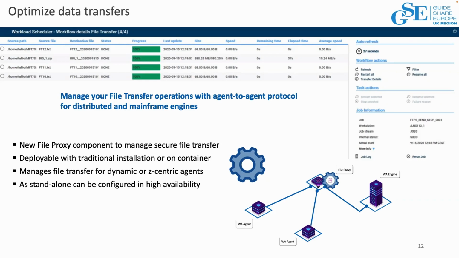It manages file transfer for distributed agents or dynamic agents, and can be standalone, which is the configuration available for the mainframe engine, or configured in high availability. We have a dedicated detailed view for file transfer jobs, and you can see all the details of the execution of the file transfer workload.